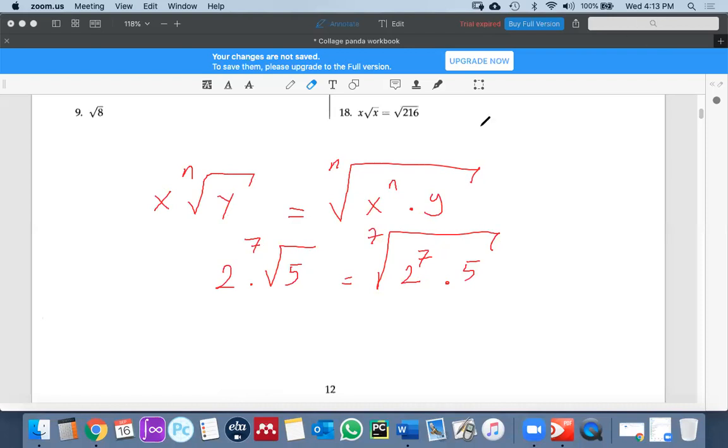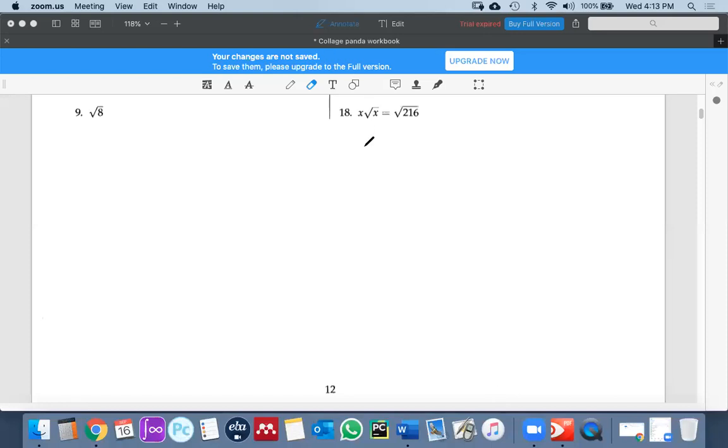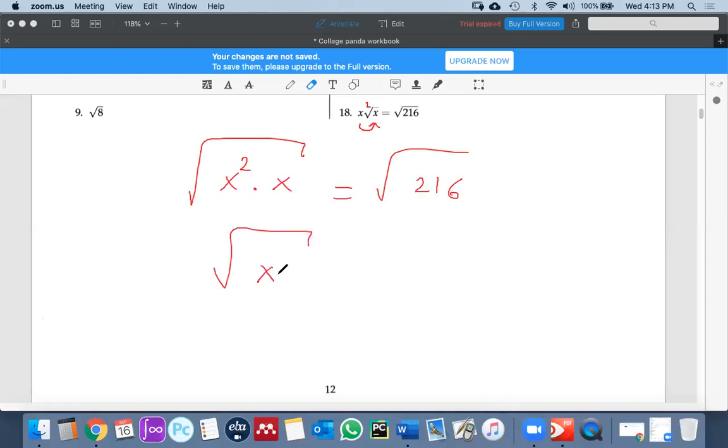So in this question then, this x can go under this radical by taking power 2. Why power 2? Since index is here 2. And we have one more x inside. So equals root this. And then x cubed, y cubed, 2 plus 1 is equal to this.